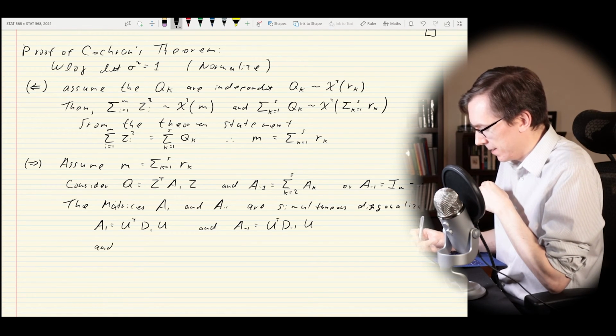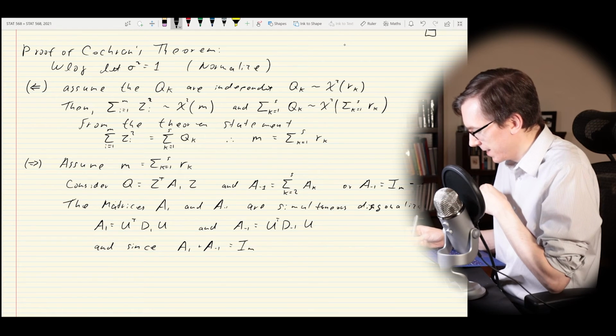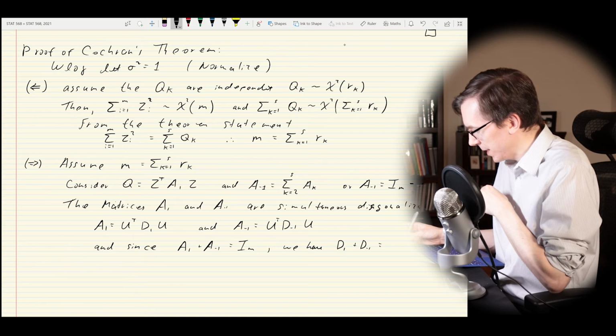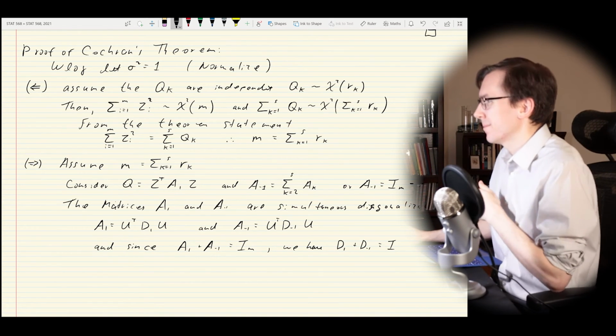And since A1 plus A minus 1 is equal to the identity matrix, we have that D1 plus D minus 1 is also equal to the identity matrix, since the U's are orthonormal.